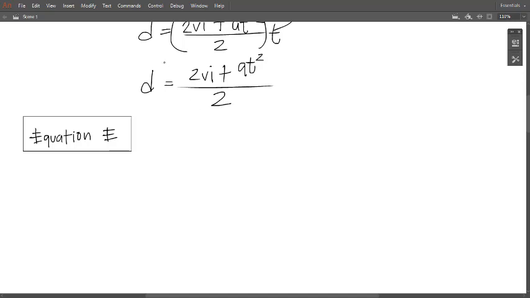So as we simplify, this number will be cancelled here. For equation E, this will be like this one. Sorry, I forgot to write t here.